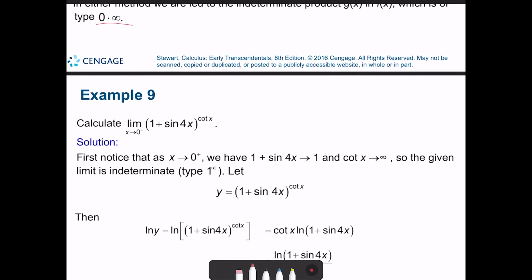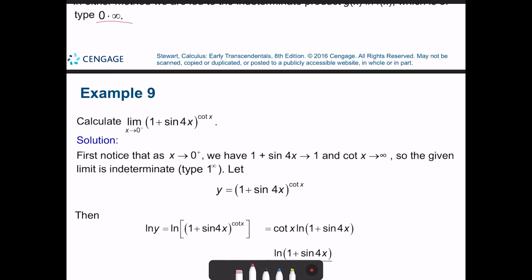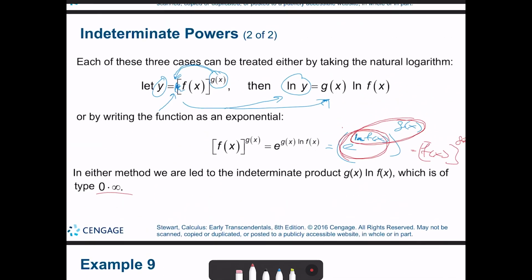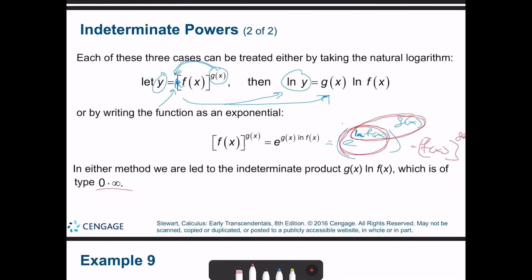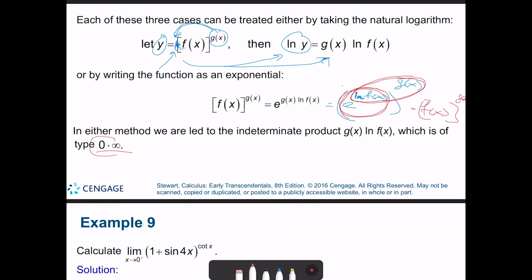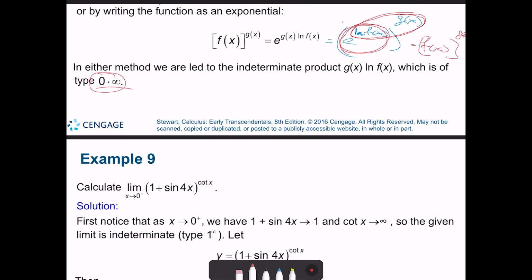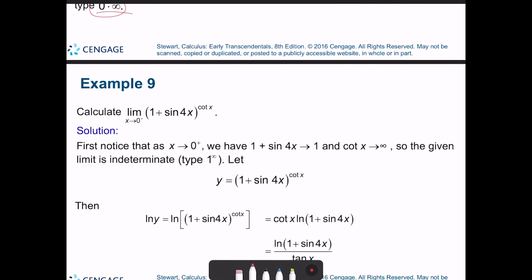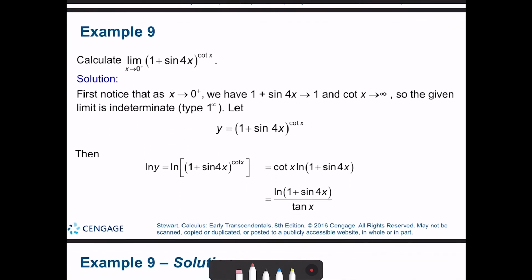See how we took one mess, an indeterminate power issue, and fixed it by turning it into a product issue? And how is that helpful? Because we can take product issues and turn them into quotient issues. And how is that helpful? Because we can apply L'Hopital's rule to an indeterminate quotient.